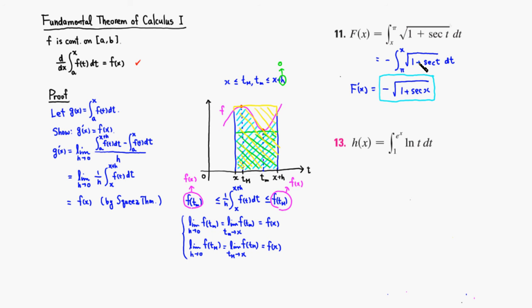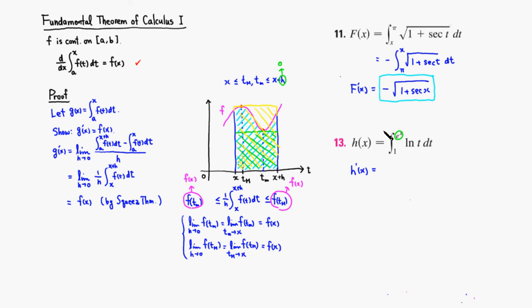All right, let's look at another example. This is the combination of the fundamental theorem of calculus 1 and the chain rule. Let's take the derivative of this, h prime of x. This is the chain rule. We want to take the derivative of the outside first. Remember that here this is an inside function.